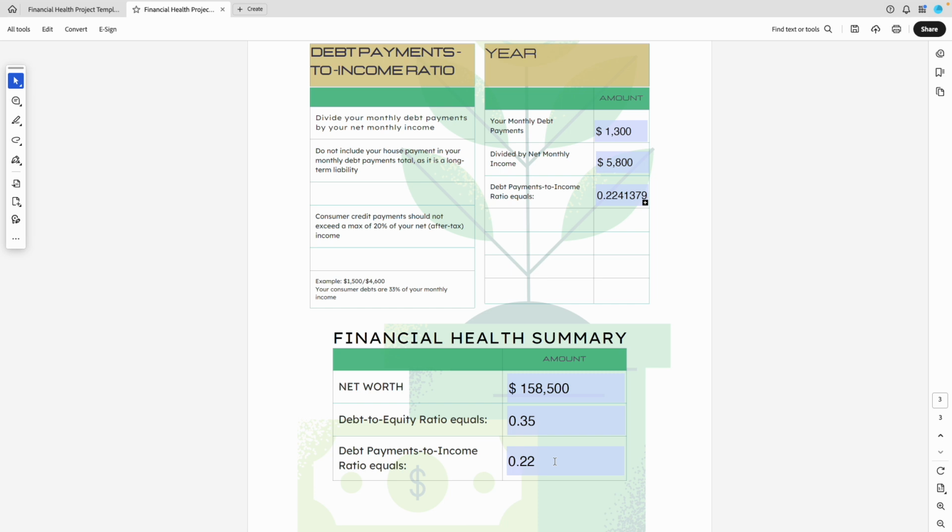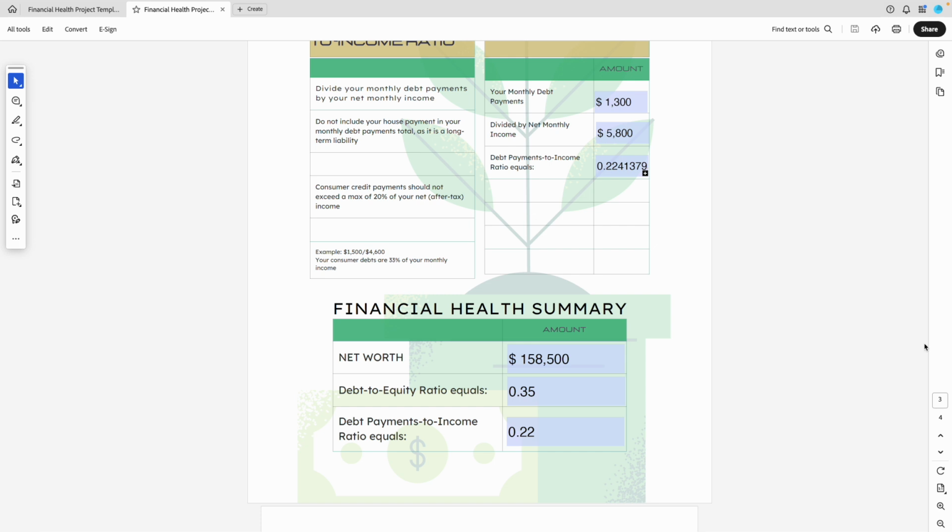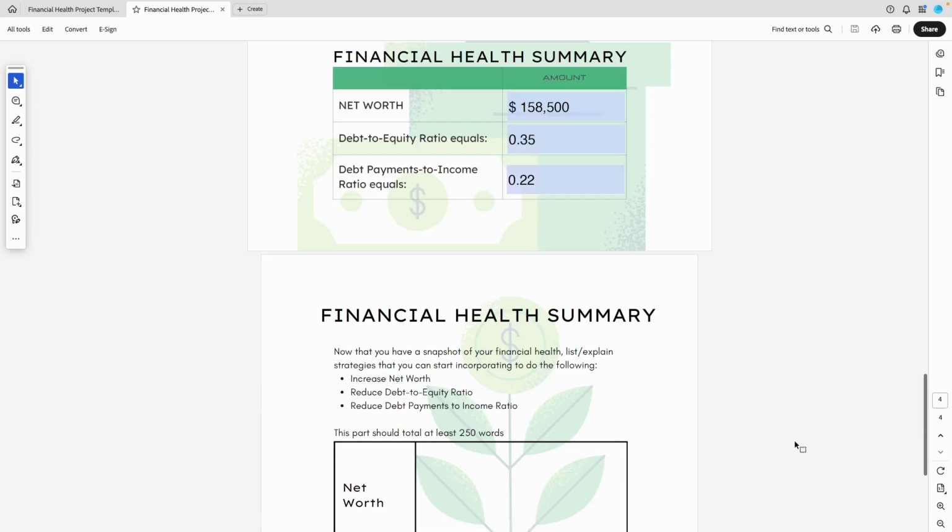Now we would want to do, in your assignment, a little something extra. So once again, here is our financial health summary. As we've looked at, we have a net worth, we have equity ratio, debt to equity, we have debt payments to income.